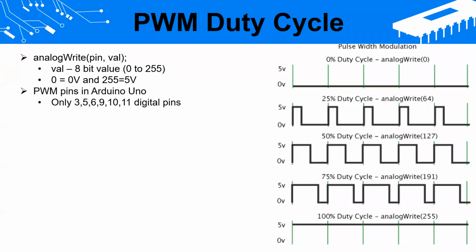These are 3, 5, 6, 9, 10, 11, specifically for the Arduino Uno. If you consider the Arduino Mega or something like that, it has a higher number of PWM pins.